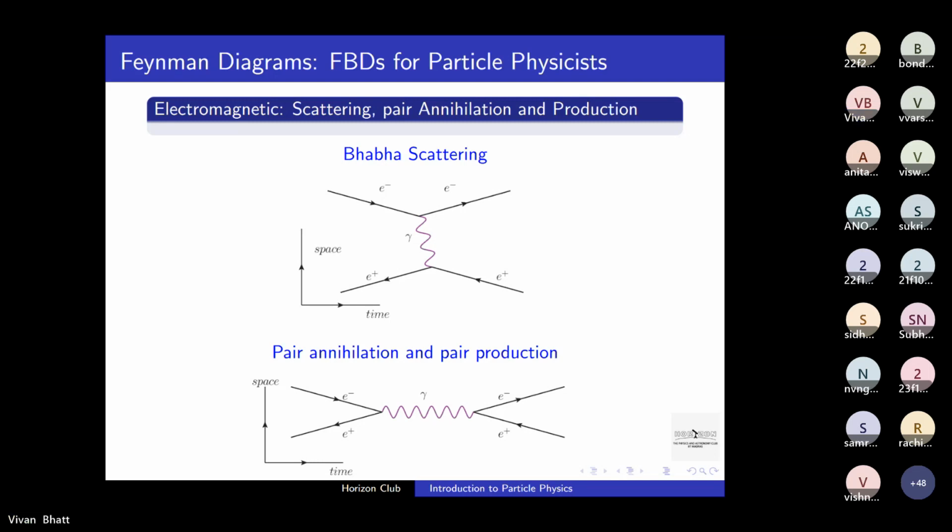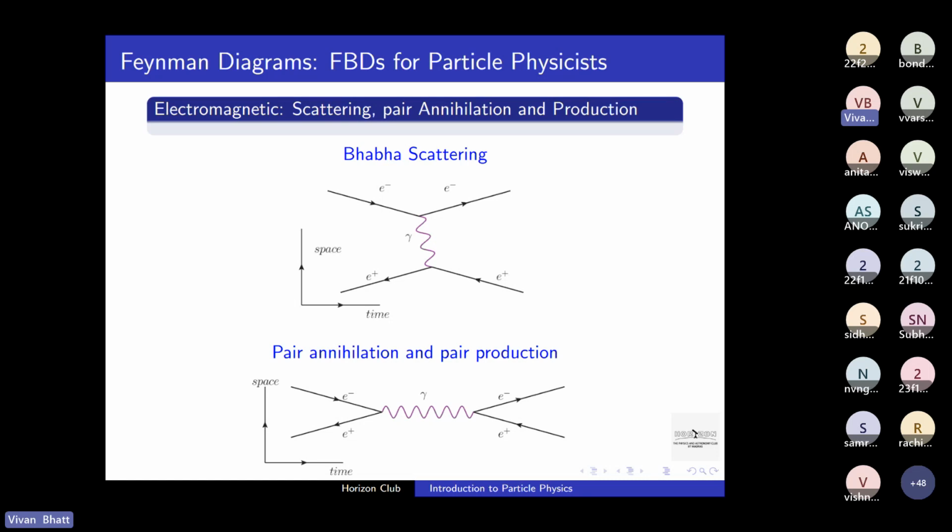So when you look at the second diagram over here, again you have an incoming electron and positron and an outgoing electron and positron. So the end states are the same. But there can be two types of interactions between an electron and positron which give you an electron and positron at the end as well.